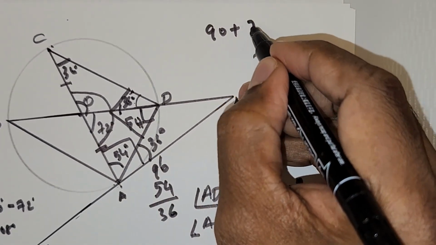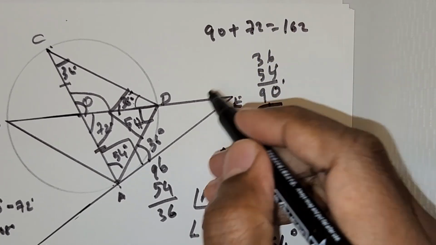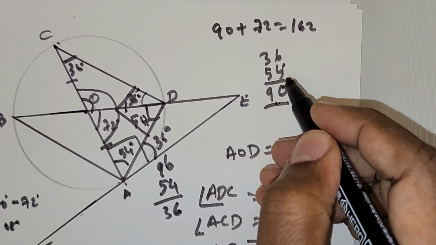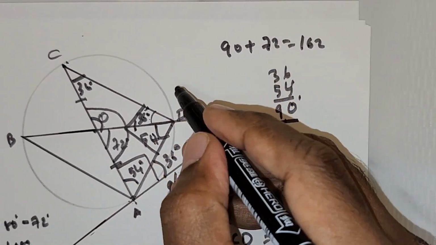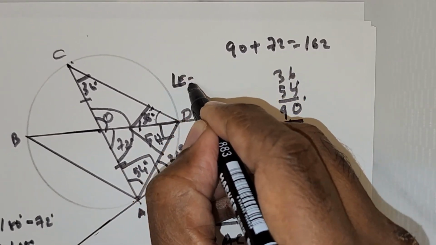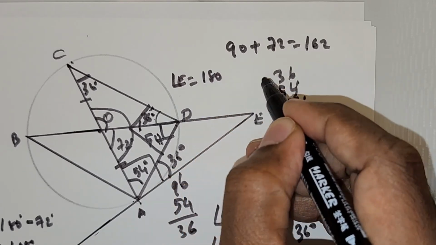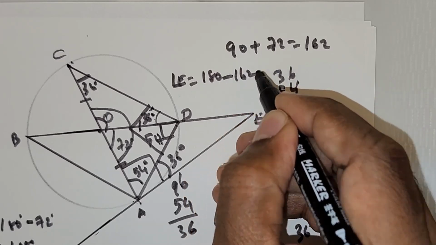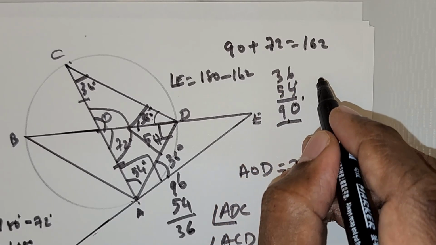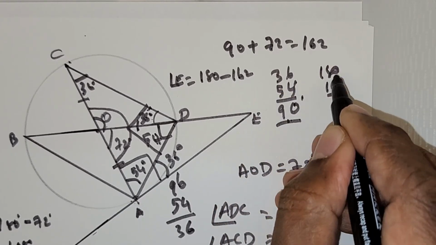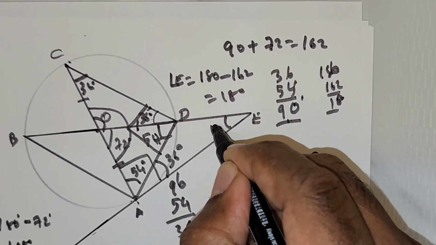This plus 72, that's going to be 162. And all we need to do is to get this angle E, take 162 from 180 degrees. So angle E is got by taking out 162 from 180. From 180 I take away 162, 18 degrees. So this is going to be 18 degrees.